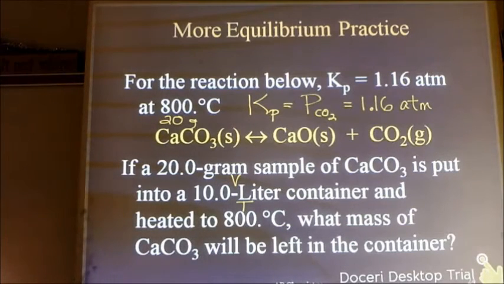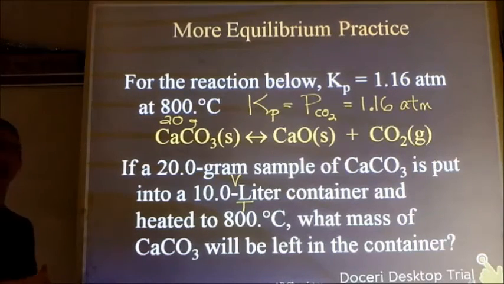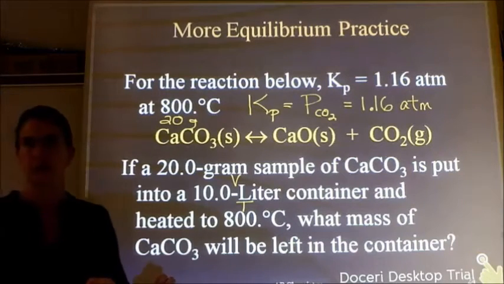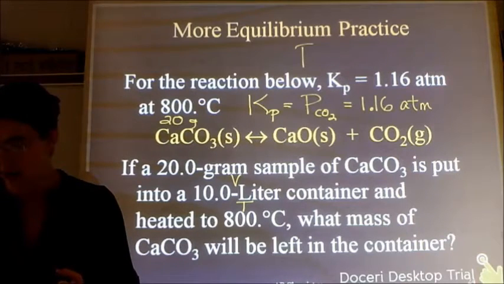Go back to the gas laws chapter. What is the one question you should ask yourself when you've got a gas laws stoichiometry situation? Is it at STP? No. Do you remember, if it's not at STP, what must you use at some point? Okay, PV equals nRT. I'm just going to write it up here.